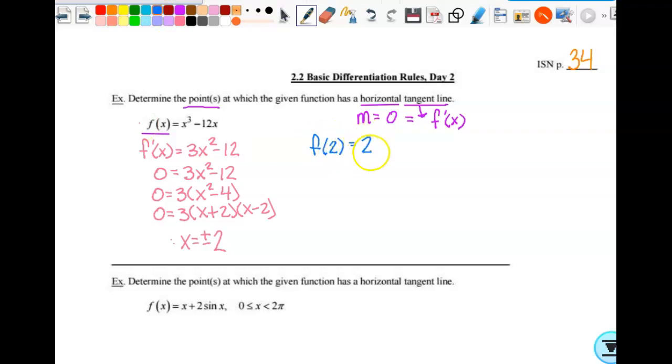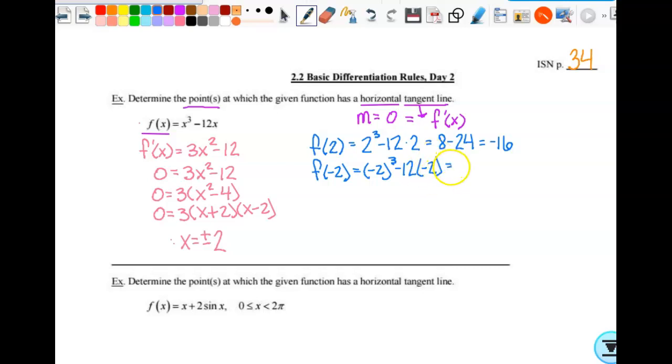That's going to give me 2 cubed minus 12 times 2. So that's 8 minus 24, negative 16. Okay. And then f of negative 2, which is going to be negative 2 cubed minus 12 times negative 2.